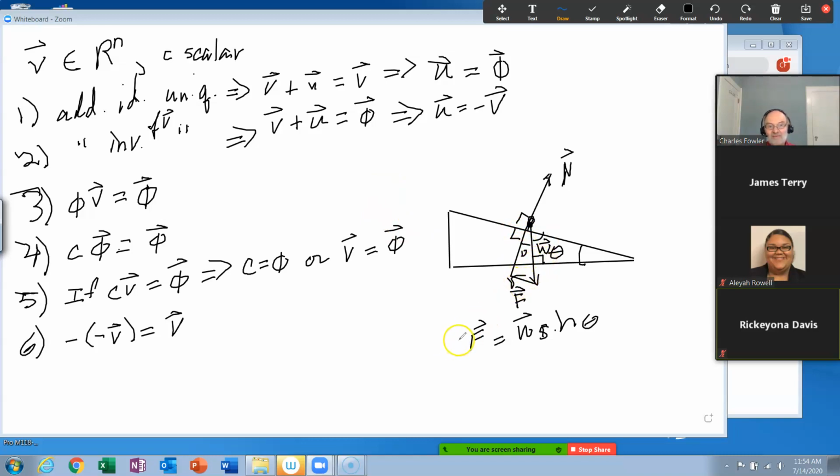The opposite is F over the hypotenuse, W, would be the sine of theta, and then multiply both sides by the weight, and you get F is equal to W times the sine of theta. Now, that's ugly writing, but the pen just was not wanting. But there we verified, and you did that in physics class, I'm pretty sure, too.